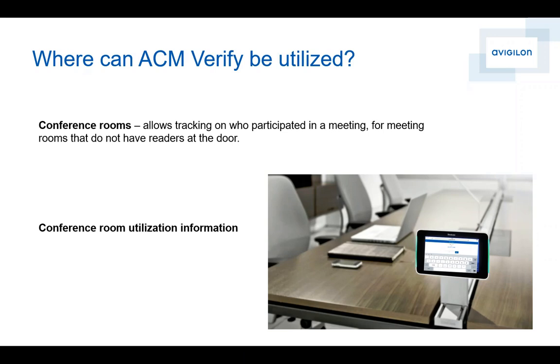And that could be in your office, or maybe you're having meetings or any other type of activity off-site, where obviously you won't have a reader present in that location. Then ACM Verify would be a good technology to allow you to track who participated in that event.